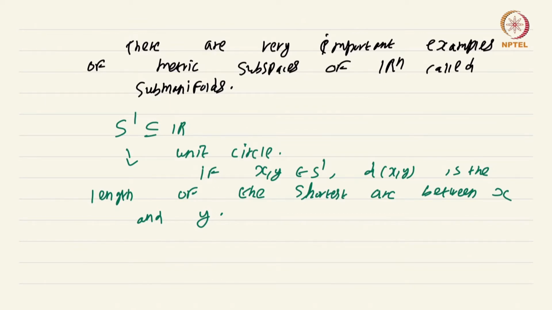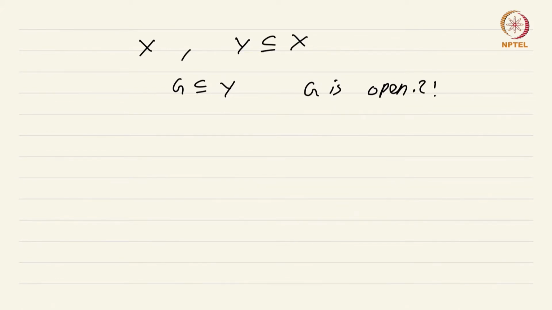Now, since we have dealt with subspaces, when you make statements like, let's say, suppose I have this metric space X and I have a subspace Y subset of X. Now if I have a set G subset of Y and I say G is open, then what does this even mean?